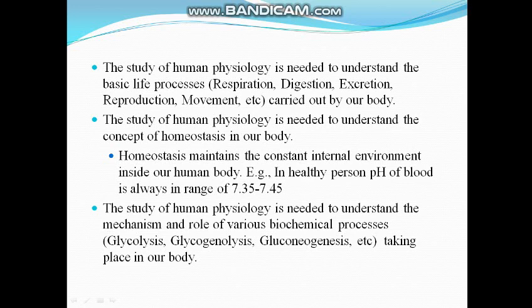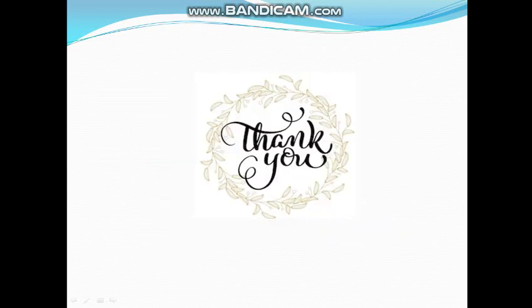Next, the study of human physiology is needed to understand the mechanism and role of various biochemical processes like glycolysis, breakdown of glucose into pyruvate and ATP, glycogenolysis, breakdown of glycogen into glucose, and gluconeogenesis, the formation of glucose from the non-carbohydrate moiety taking place in our body. You have to study it. These all points are very easy to memorize. Thank you.